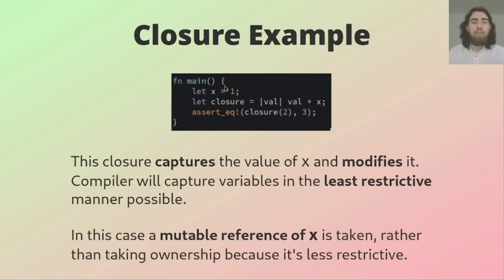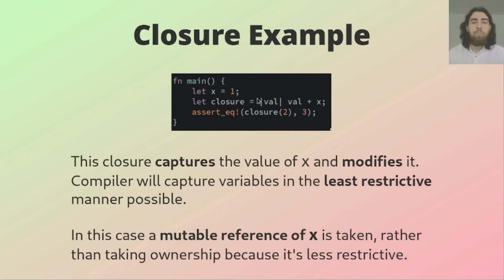We have here initialized the variable x with a value of 1. Now over here we would have a closure, and closures are defined like that. First of all, we have these symbols over here, and between them we define the name of the argument. And as you can see over here, we just add the argument with the value of x.